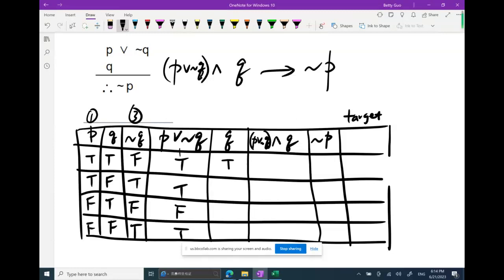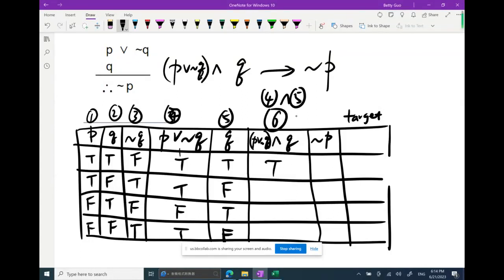And let's copy Q: TF, TF, TF, TF. And this column is the conjunction. 1, 2, 3, 4, 5, 6. 6 is 4 and 5. It's a conjunction of 4 and 5, the preceding two columns.